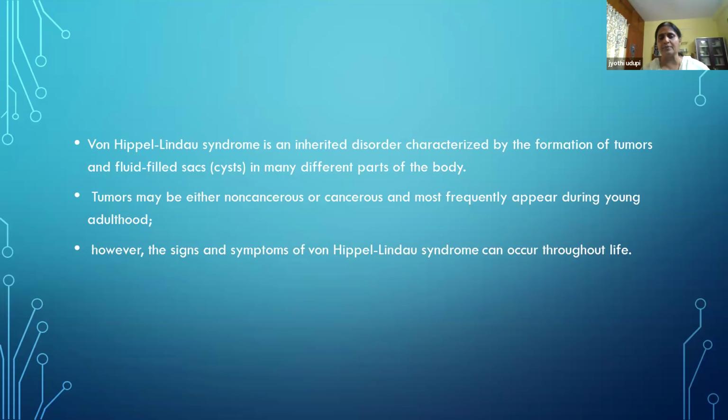However, the signs and symptoms of Von Hippel-Lindau syndrome can occur throughout life. As a homeopath, now you are stuck here because we don't know much. If you have not upgraded, if you have not improved your skill, you are terribly stuck at this stage.